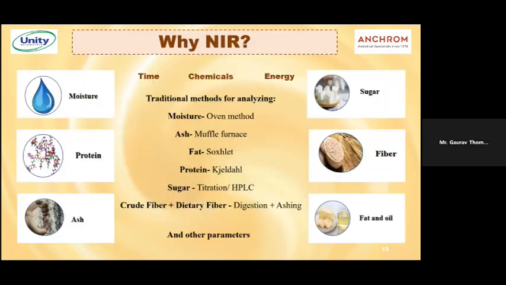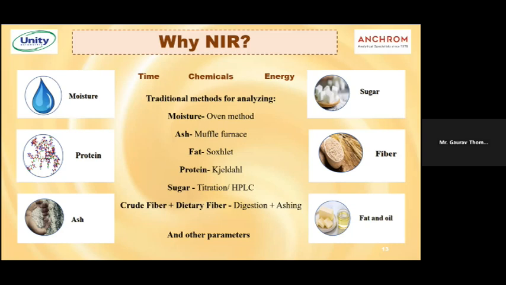Okay, we have another poll over here, which is asking what is your biggest challenge in butter quality testing? The options are long analysis time, high cost of reagents and chemicals involved in your analysis, and inconsistent results. Yes, inconsistent results could be based on different analysts, or even because of the sample being analyzed.